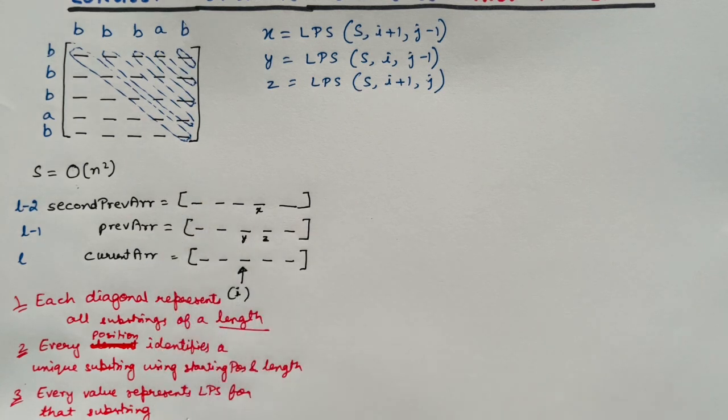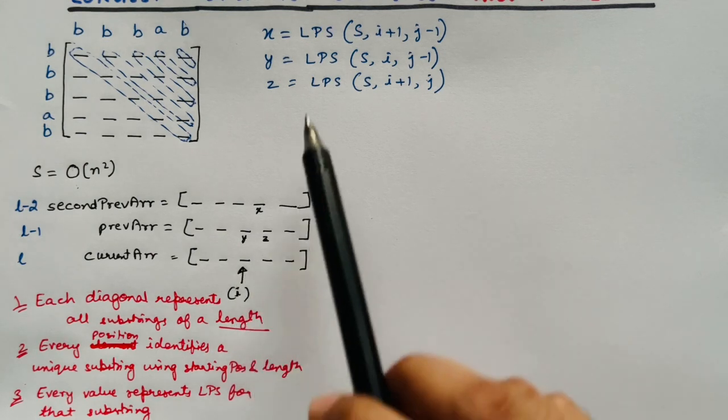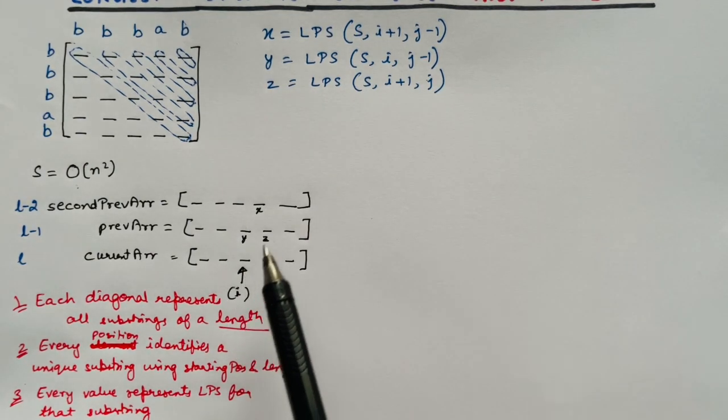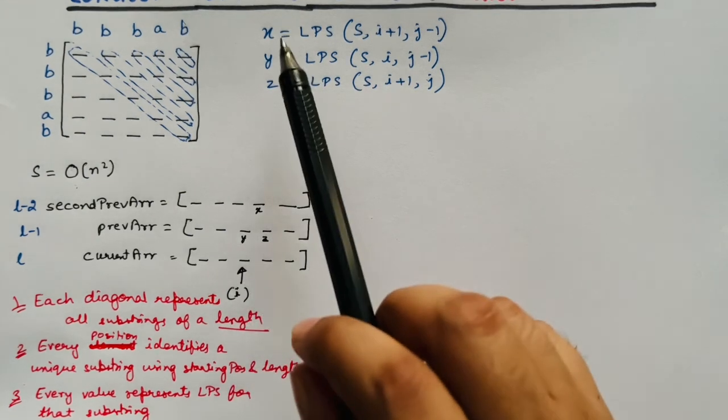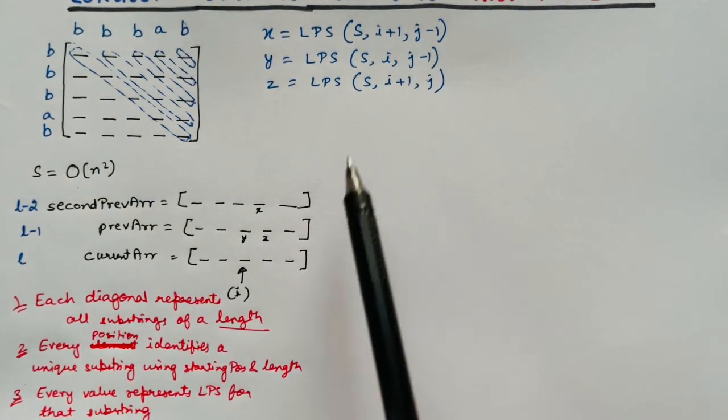Now let us see how we will fill the values in this array using the values from these 2 previous arrays. Let us say we are filling the value at this position. Thus, for the substring that starts with I and has length L, we want to fill the value of the length of the longest palindromic subsequence. For this we need x, y and z. If this position corresponds to I, j, then x corresponds to I plus 1 and j minus 1.